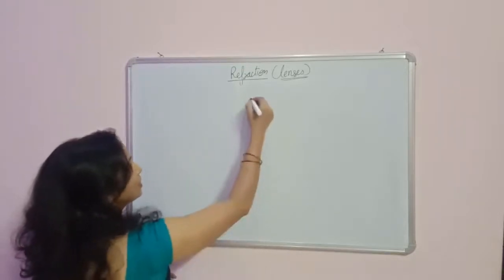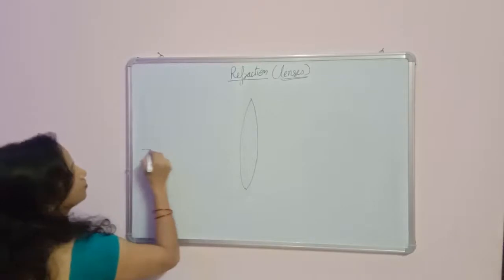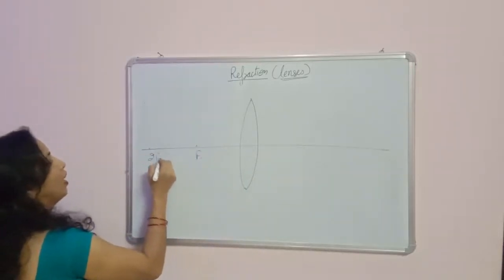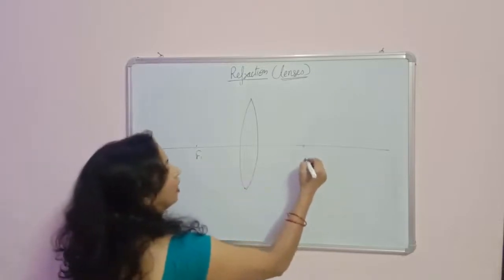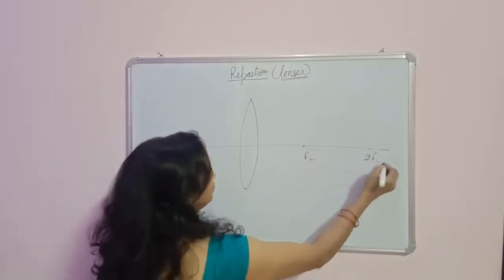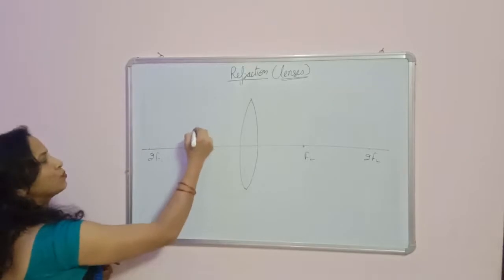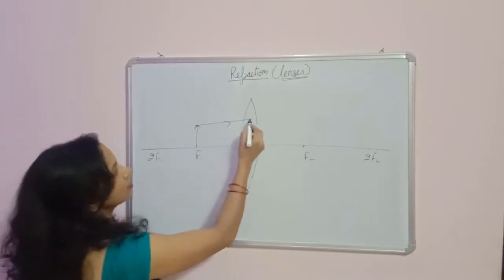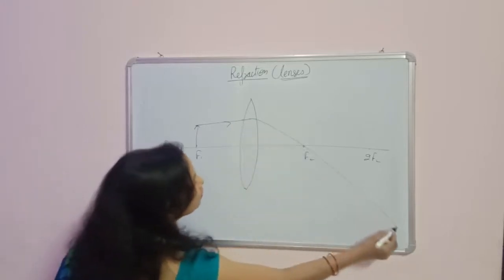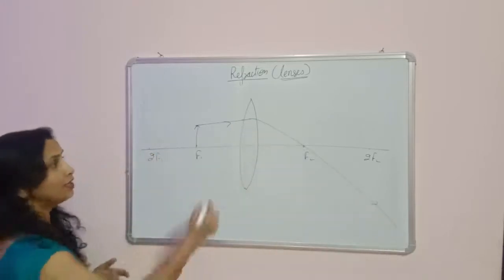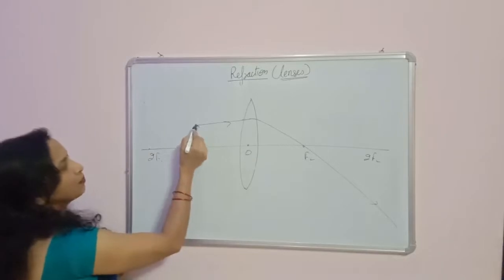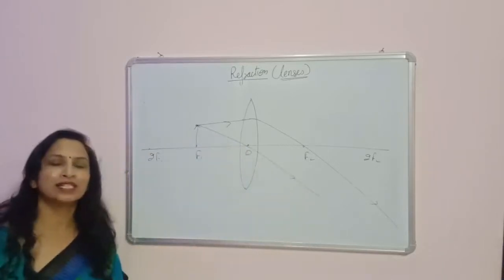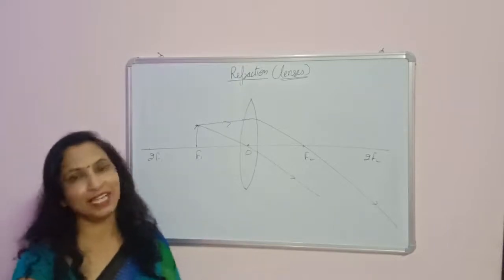So this is the lens, f1, 2f1, f2 and 2f2. Now we are placing the object like this. The ray coming parallel to the principal axis will pass through the principal focus like this. And another ray, passing through the optical center, will pass straight without any deviation. So what will happen? Actually these rays do not meet at any point.